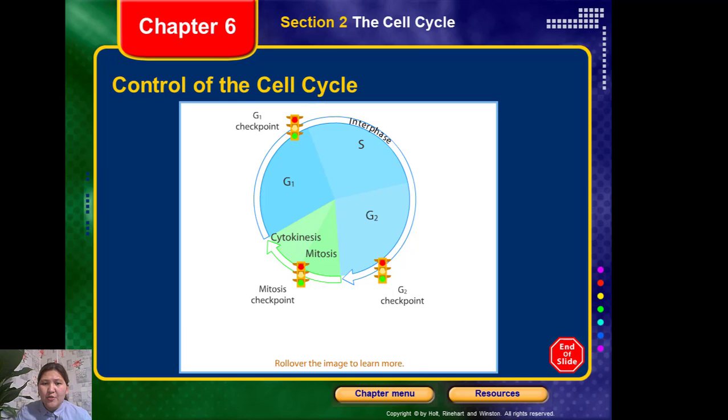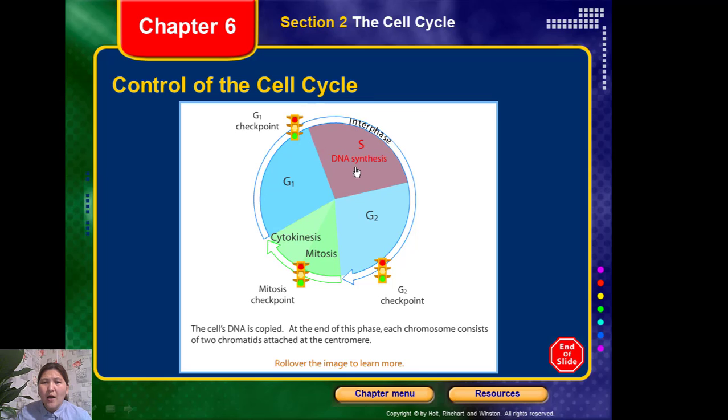From this picture, we are going to go over each phase. For example, at the G1 checkpoint, the cell grows. Okay, we are continuing. Interphase, second stage is S, DNA synthesis. Then G2, growth and preparation for mitosis.